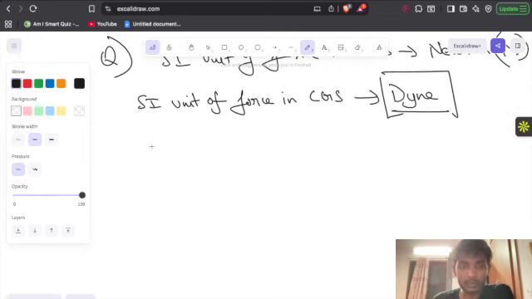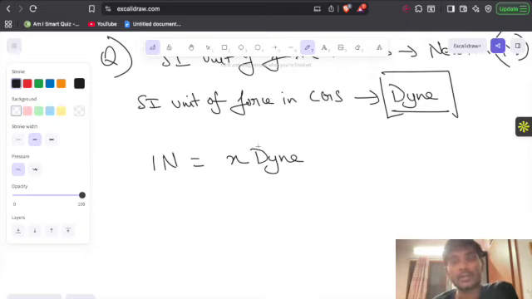But how do you know 1 Newton is equal to how many dynes? So this is what dimensional analysis is helpful for. So you can find this x basically. Okay, let me just tell you how to do it. So I can just write x is equal to 1 Newton by dyne.